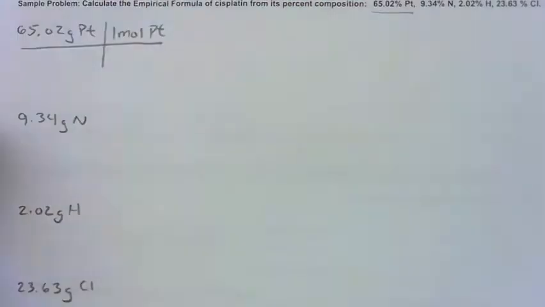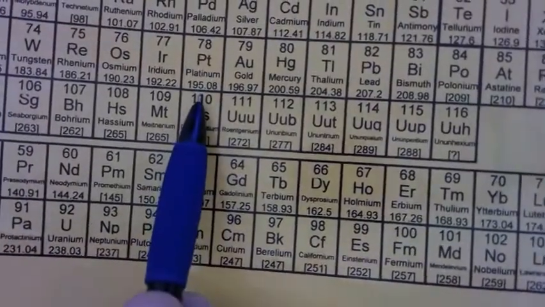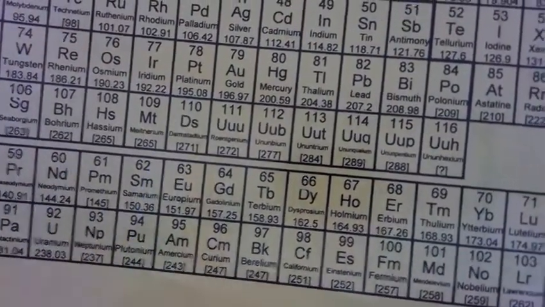And the way we go from grams into moles is by dividing by the molar mass of each element. So we use our periodic table. We set up a little grid, and we know that for every 1 mole of Pt, platinum, according to our periodic table, the molar mass of Pt is 195.08.